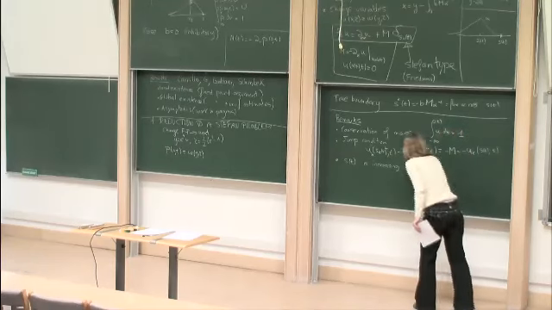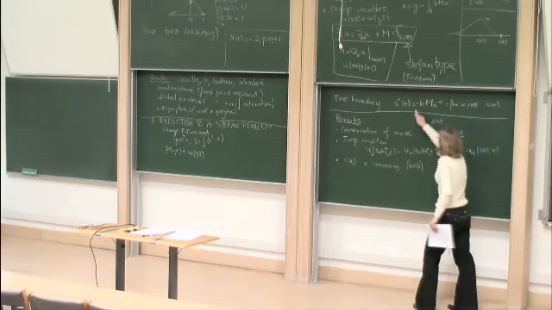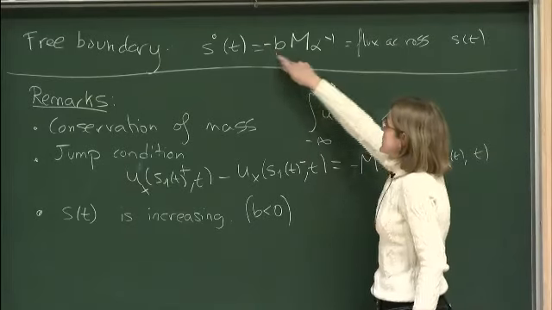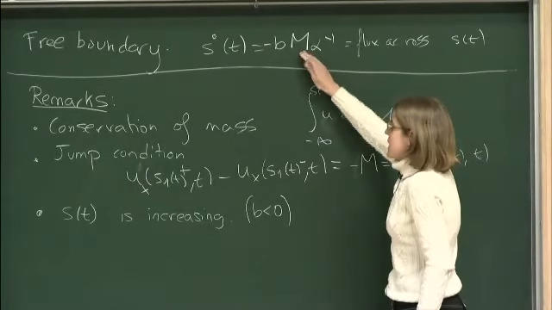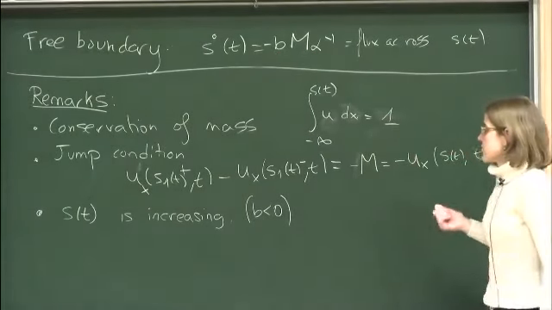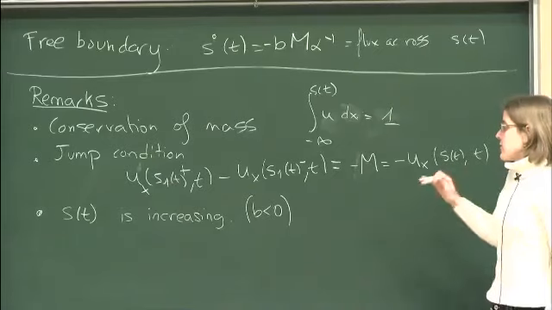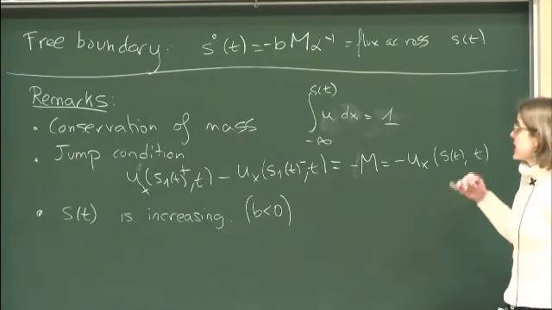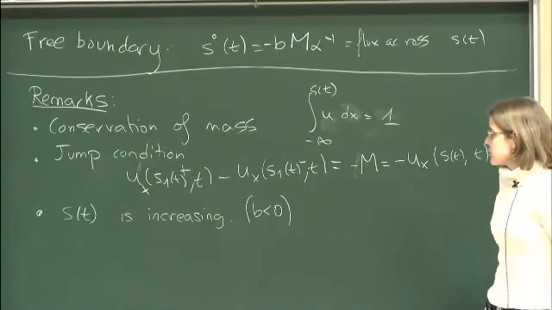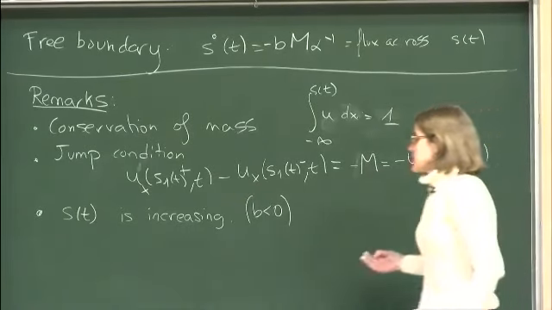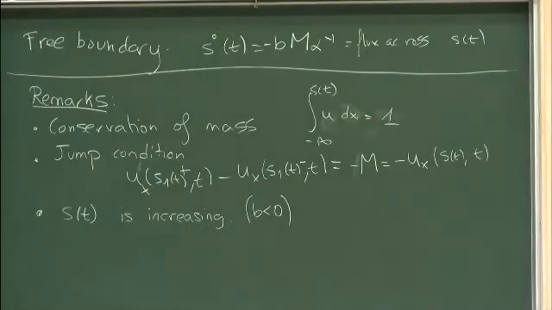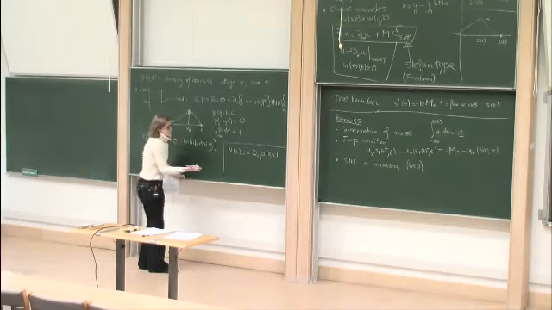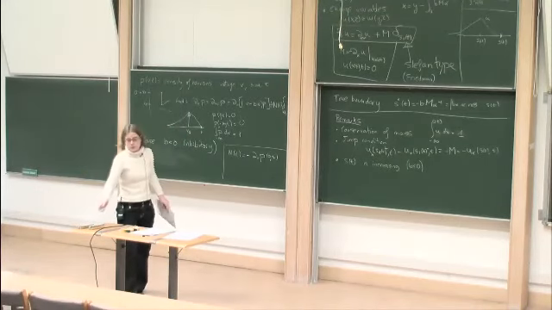So if v is negative, then the speed of your free boundary is positive, because m was positive, so s is always an increasing function. So this agrees also with the Stefan problem. In the case v positive, the Stefan problem already has blow up, so of course this one is going to have blow up.